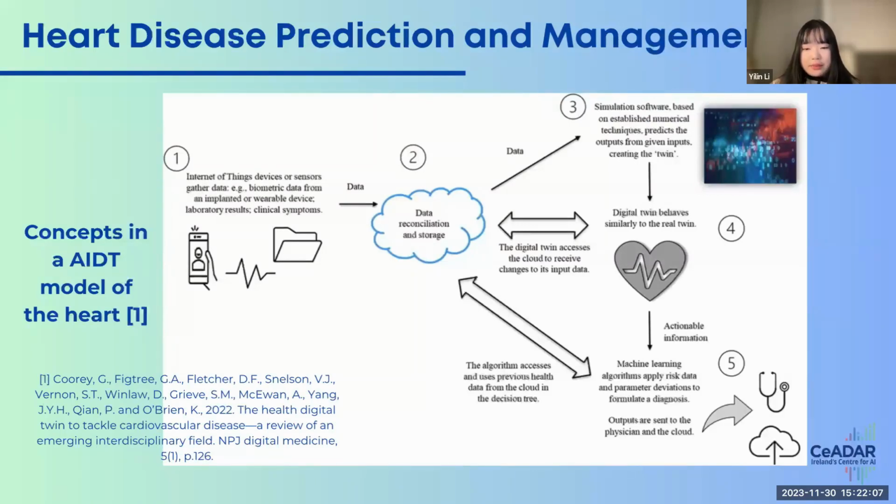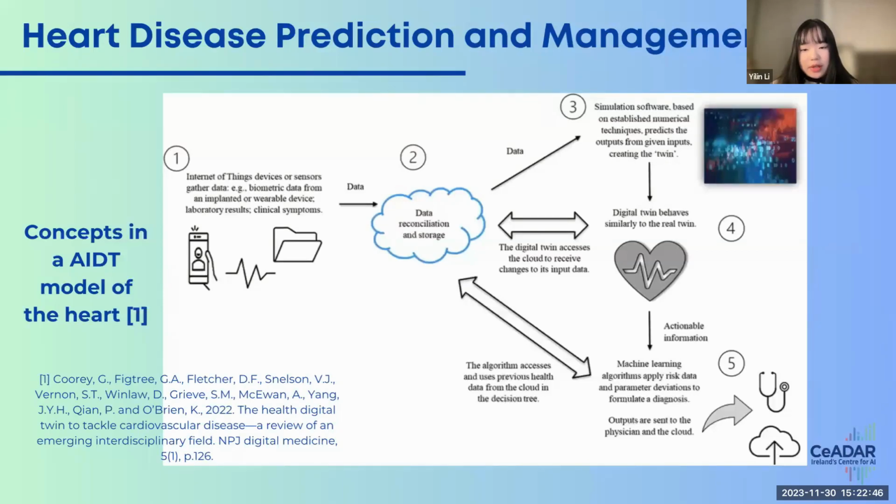Once the data is prepared, we move to the core part of the model, the simulation. Using the established digital technology, they predict output from given input to create a twin. The digital twin behaves and reacts like its real-world counterpart, the patient's heart. An essential feature of our digital twin is its dynamic nature.